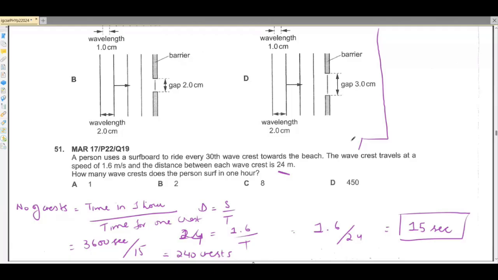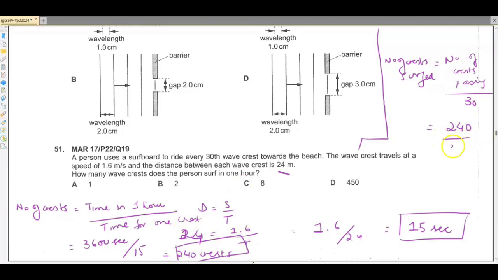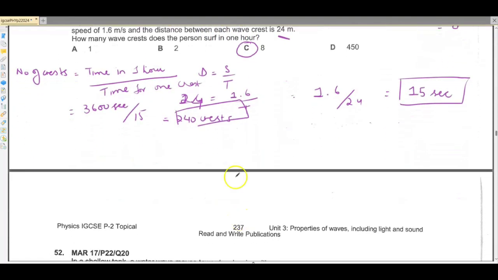So the number of crests he surfed in 1 hour is going to be number of crests passing in 1 hour by 30, obviously he was traveling at 30th wave now. So these are 240, we just found them out. Okay, 240 over 30 is going to give us 8. So the wave crests the person surfs in 1 hour is going to be 8. ठीक है? ज़्यादा calculation है, थोड़ा tricky सा question है, but it's okay.